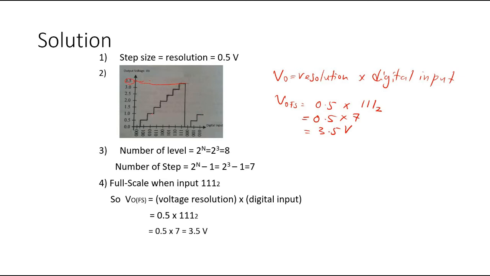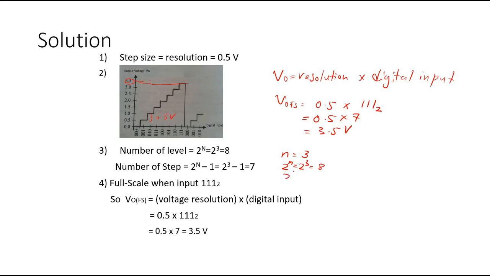Okay. So the resolution here is 0.5 volts. So N kita equal to 3. Number of step. Okay, number of step kita adalah 2 power of N. Total step 2 power of N equal to 2 power of 3 equal to apa? 8.